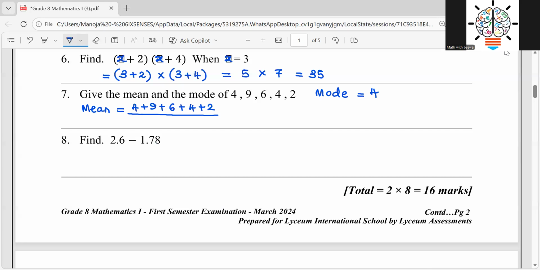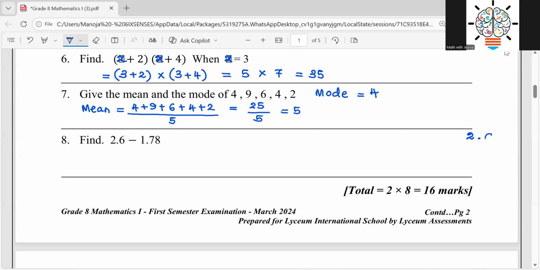So first you add 4 and 9, it is 13. 13 plus 6, it is 19. 19 plus 4, it is 23. 23 plus 2, it is 25. And I write here 25. And 1, 2, 3, 4, 5, I have 5 items. And 25 I divide by 5. The answer is 5. The mean is 5. The mode is 4.